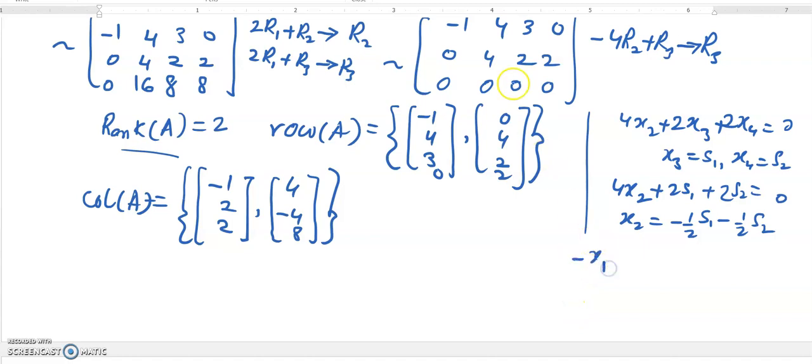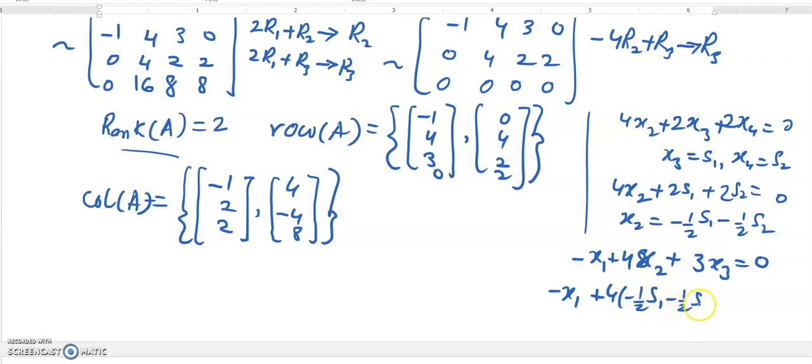And then minus x1 plus 4 x2 plus 3 x3 is equal to 0 from the first row. So minus x1, plus 4 into minus 1 by 2 s1 minus 1 by 2 s2, and then plus 3 x3, where x3 was s1, is equal to 0.